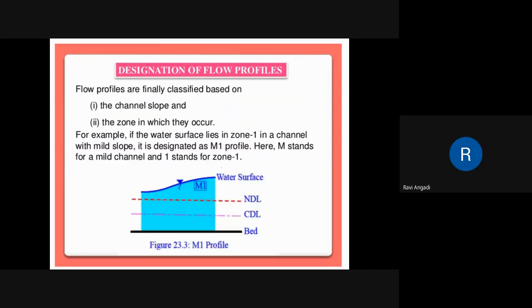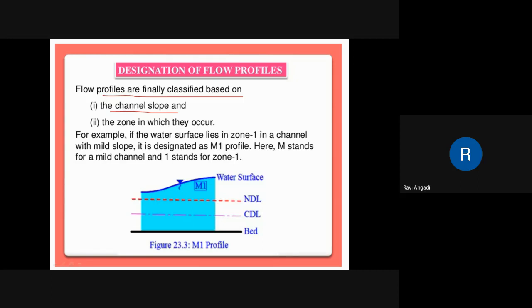Then coming to the designation of the flow profile. The flow profiles are finally classified based on the channel slope, as we discussed previously: mild slope, steep slope, critical slope, horizontal slope, adverse slope.